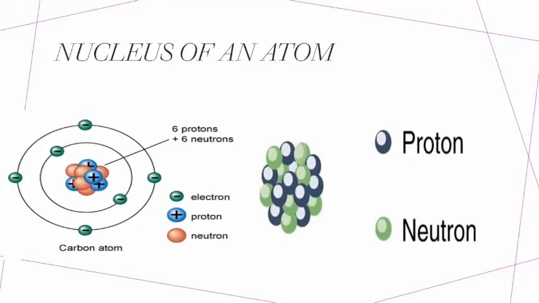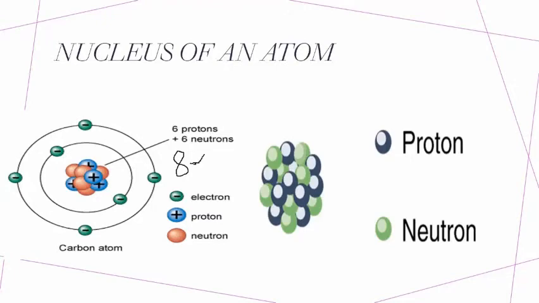Now, for example, if there are 4 protons and 4 neutrons in the nucleus of an atom, then the number of nucleons is what? 4 plus 4, 8. So in total there will be 8 protons and neutrons in that example.